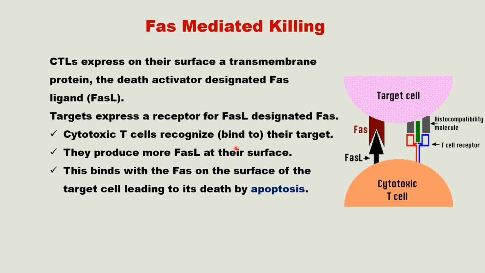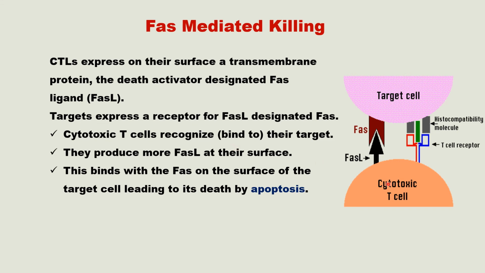When cytotoxic T cells recognize and bind to their target, they produce more Fas ligand at the surface. This binds with Fas on the surface of the target cell, leading to its death by apoptosis.